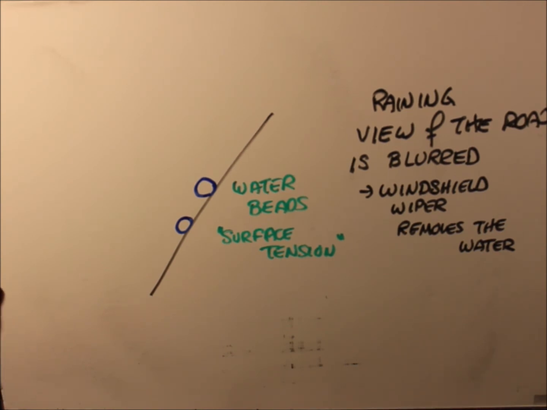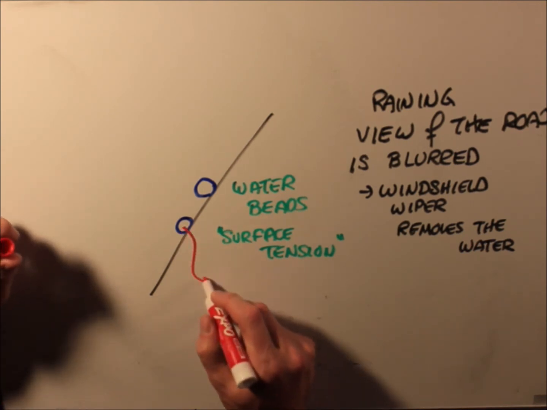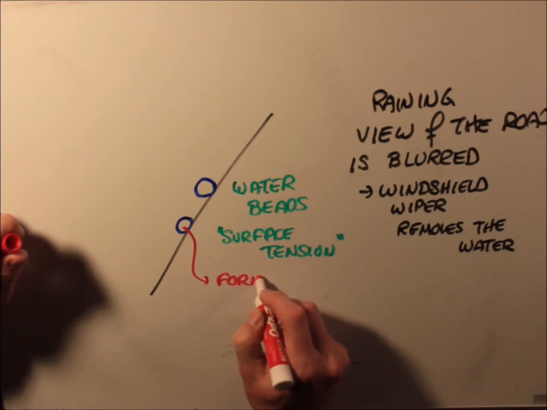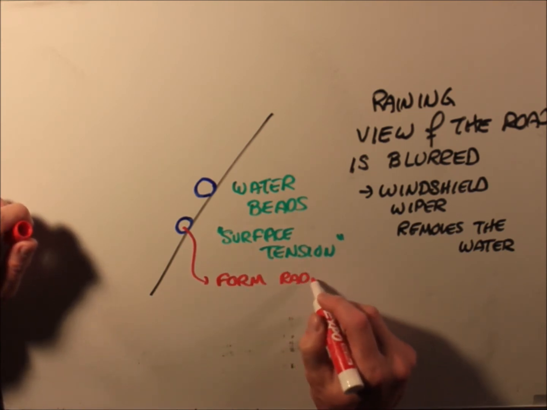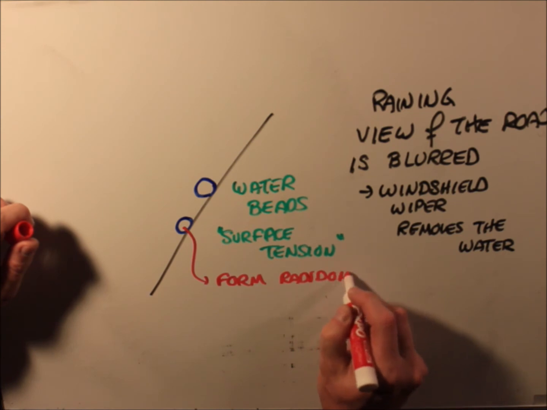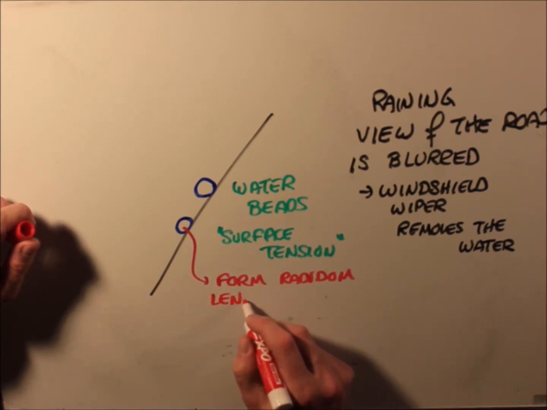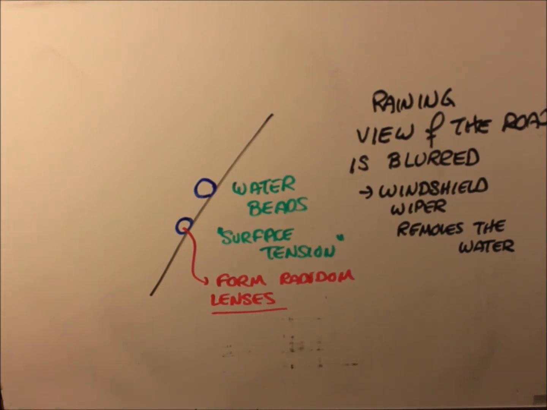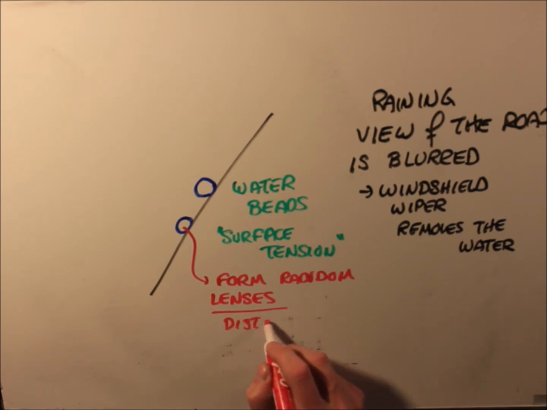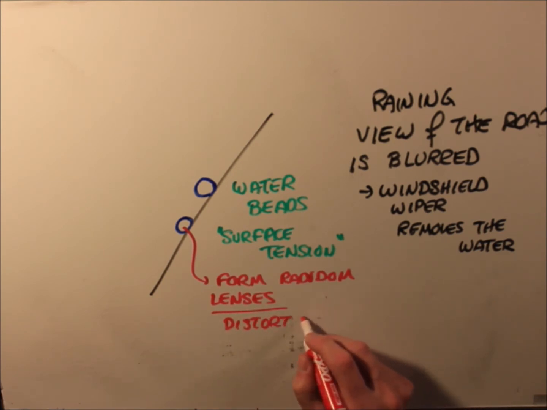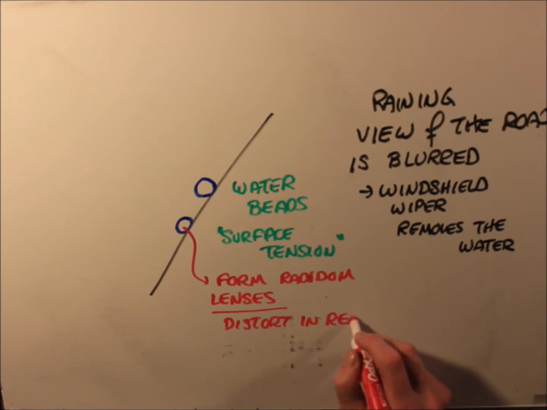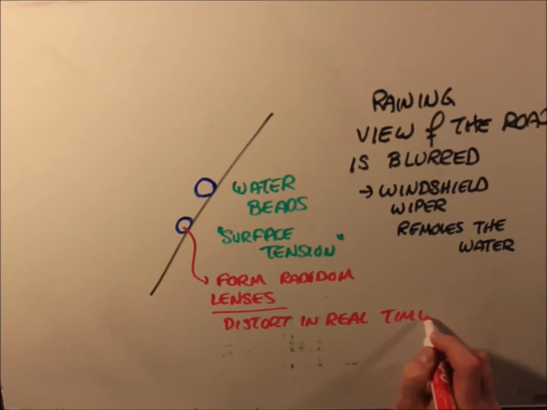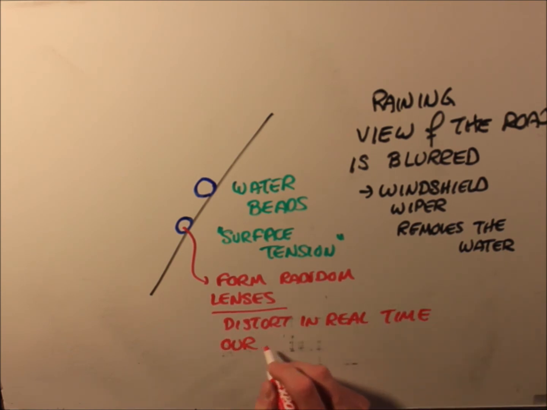It's just one of these properties. But what it does in our case is that these things form random lenses. And when they do that, of course, they distort, in real time, our view of the road.